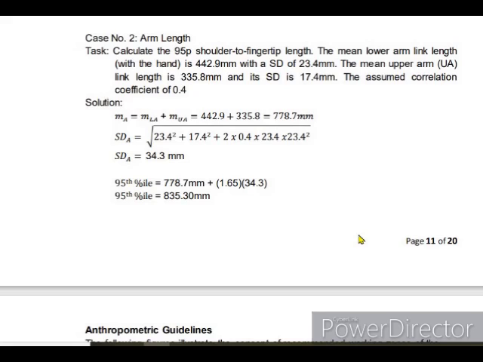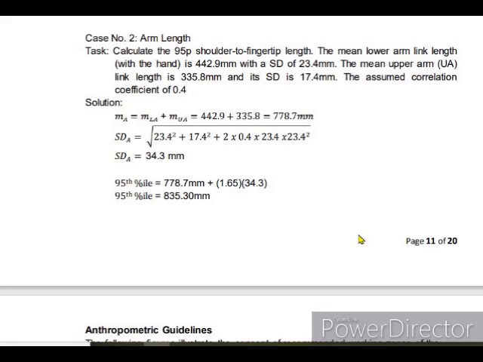So the task: calculate the 95th percentile shoulder to fingertip length. So from the shoulder to the fingertip, we will measure that. So the mean lower arm length with the hand is 442.99 millimeters with a standard deviation of 23 millimeters, okay, with the hand.